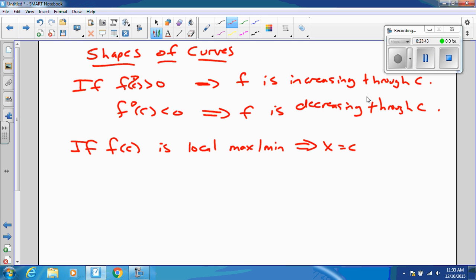If f of c is a local max or min, then what cannot be true at x equals c? f cannot be increasing, and it can't be decreasing. So therefore, x equals c has to be a critical point. And what does it mean to be a critical point? The derivative is 0 or the derivative does not exist.